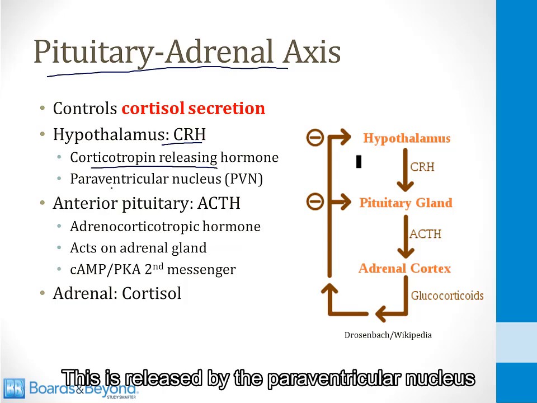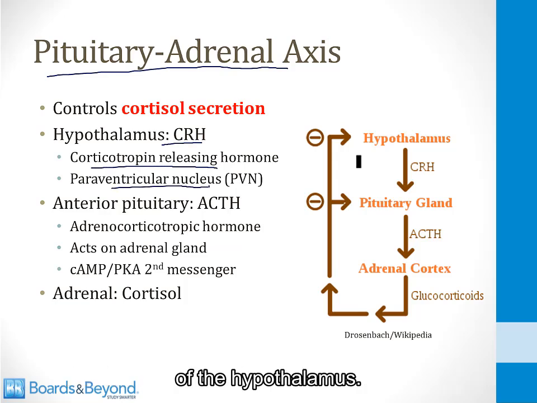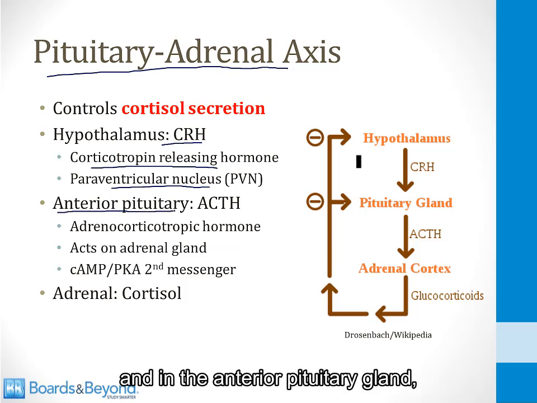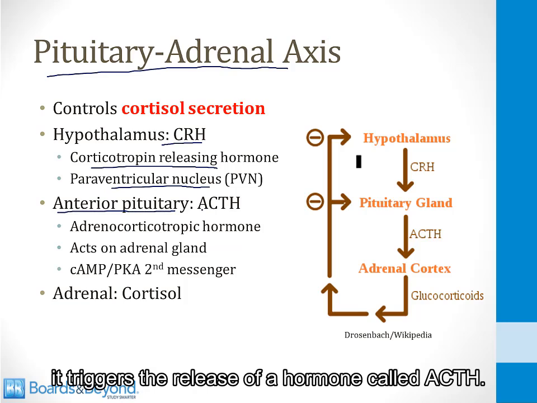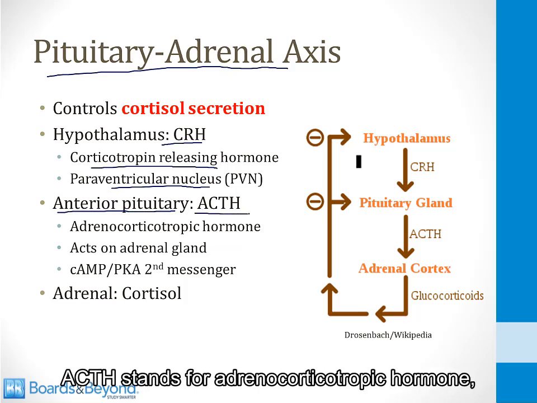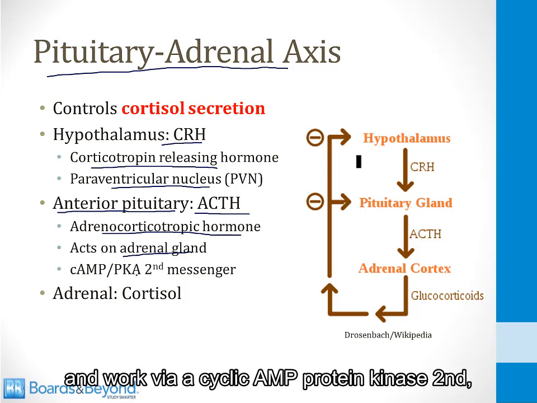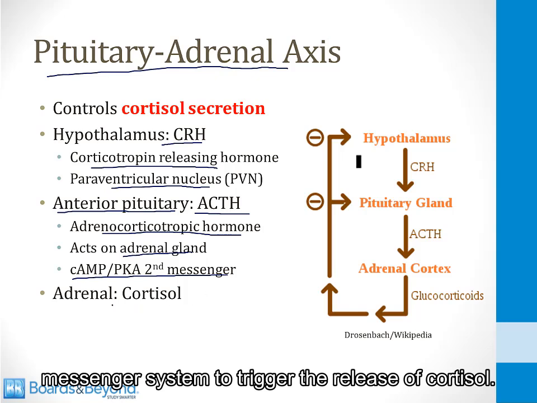This is released by the paraventricular nucleus of the hypothalamus. It exerts its effects on the anterior pituitary gland, and in the anterior pituitary gland, it triggers the release of a hormone called ACTH. ACTH stands for adrenocorticotropic hormone, and this hormone will then go and act on the adrenal gland and work via a cyclic AMP protein kinase A second messenger system to trigger the release of cortisol.